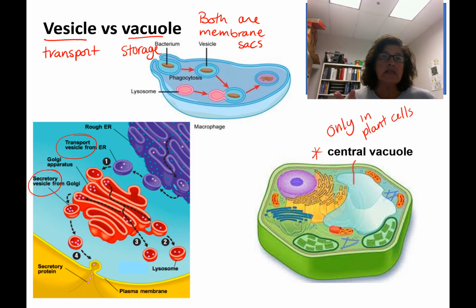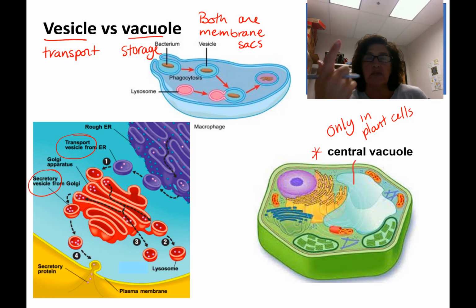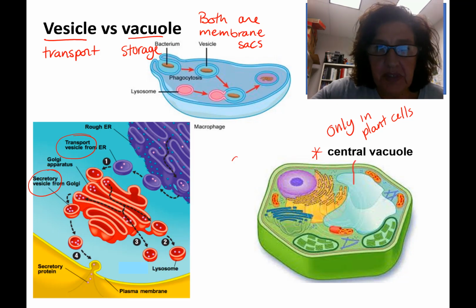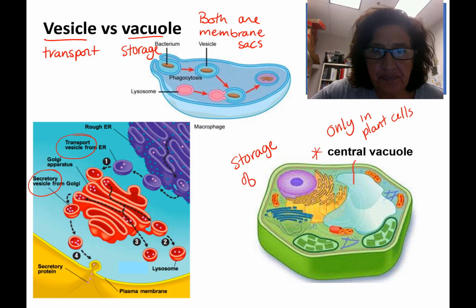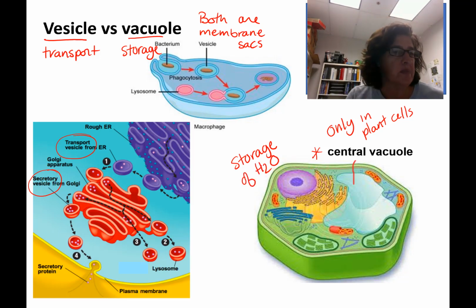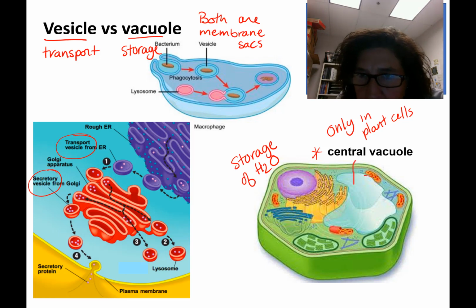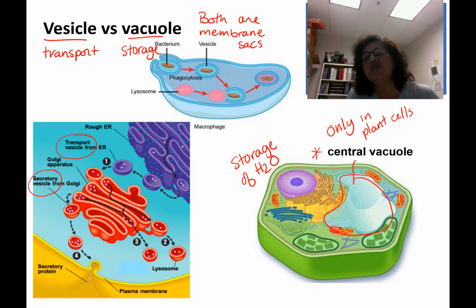Now, there are all kinds of vacuoles in animal cells, plant cells, protists, I'm guessing fungi, I don't really know. But we're just going to focus on subsets here. So the central vacuole in plant cells is for the storage of water. So it's huge. It takes up a huge space in the plant cell, though it's hard to see here.